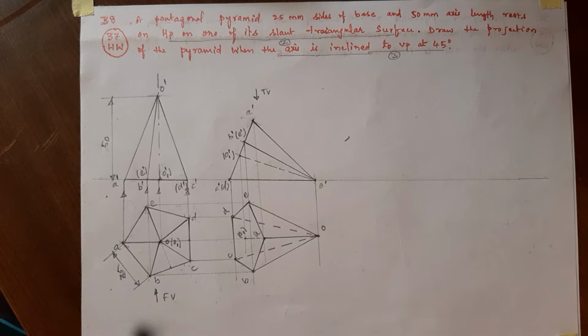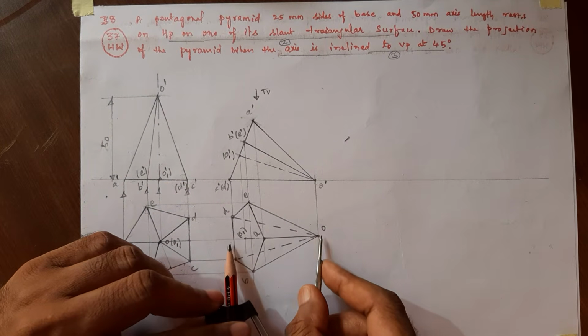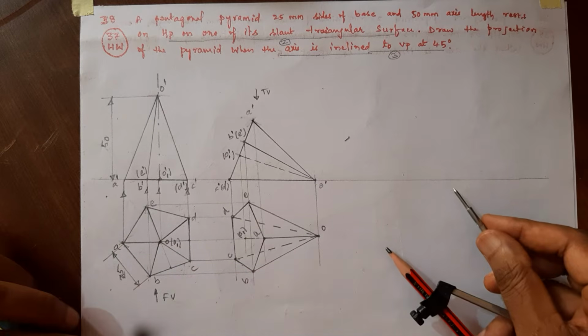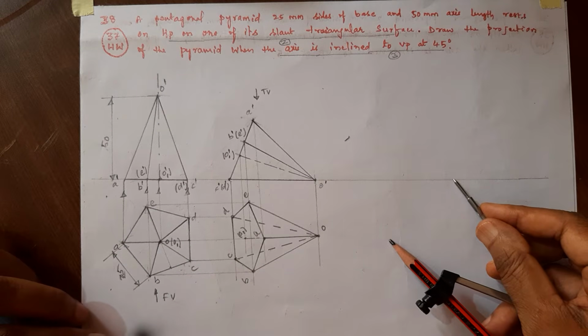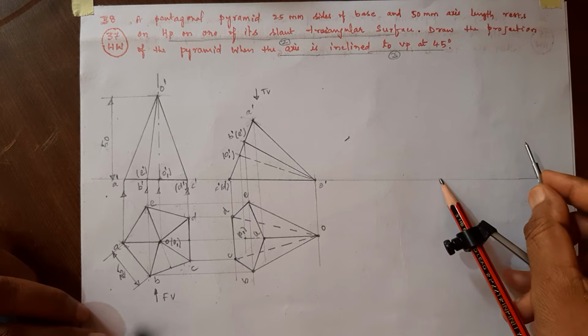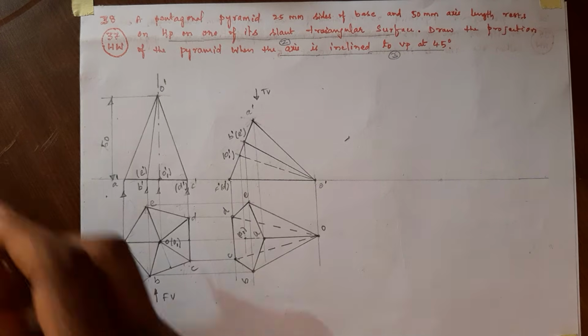This is when the slant surface is resting on HP. Then next we have to find out the beta angle. Before finding out beta angle, measure the width of the top view to accommodate 45 degree somewhere like this. So this is the point where I can draw 45 degree.